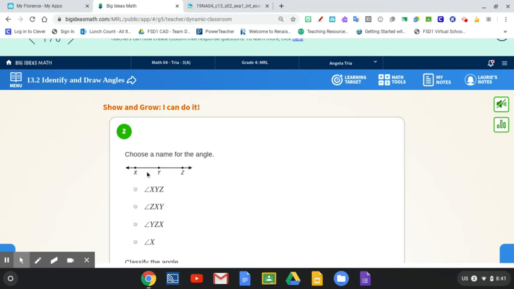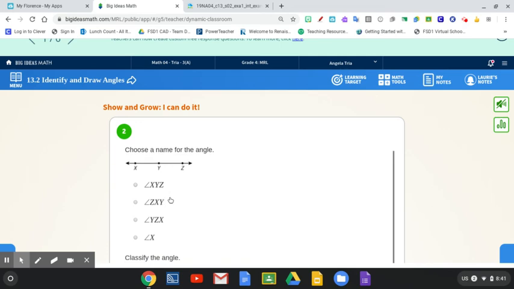So we always go in this way when it's a straight line. So we're going to look here for those from left to right in order. So we have angle XYZ, angle ZXY, angle YZX, or just angle X. And we go with this one. So if you said that one before I selected the answer, excellent job.